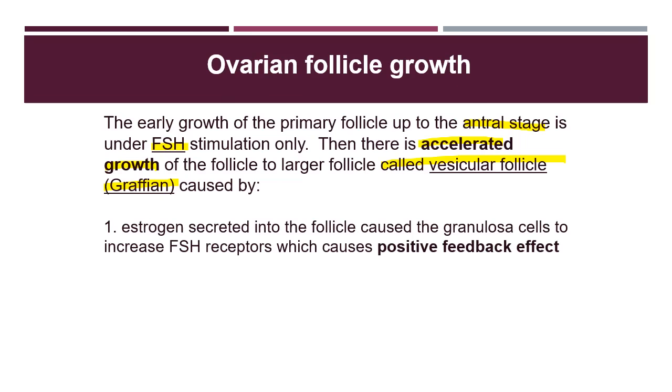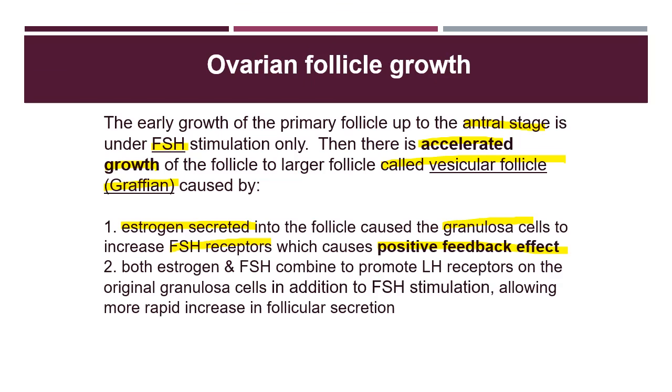And this accelerated growth is caused by the estrogen that is secreted into the follicle, which will induce the granulosa cells themselves to increase the FSH receptors, which will cause a positive feedback effect on the granulosa cells to increase more estrogen secretion.